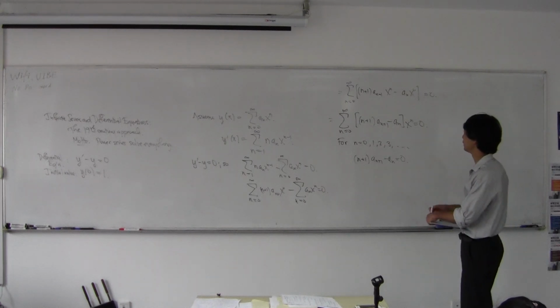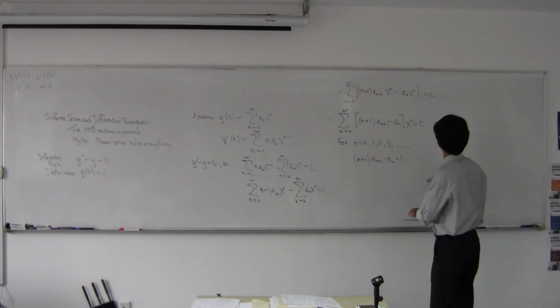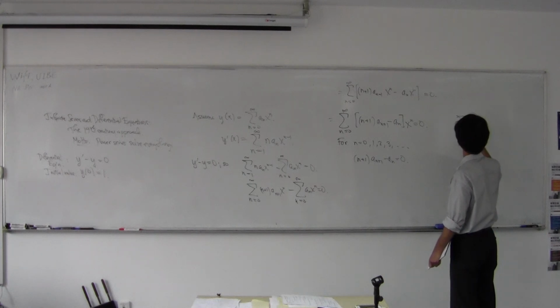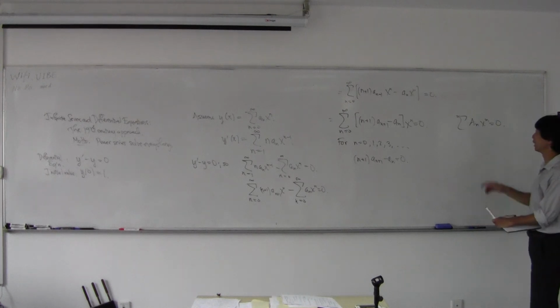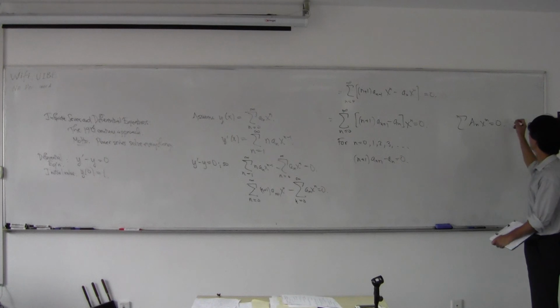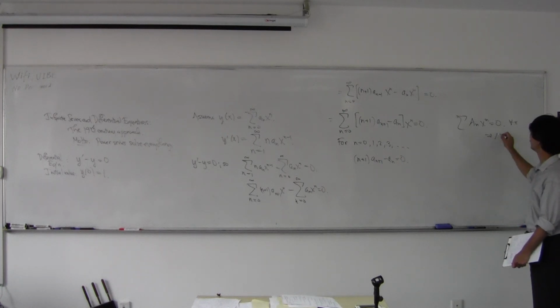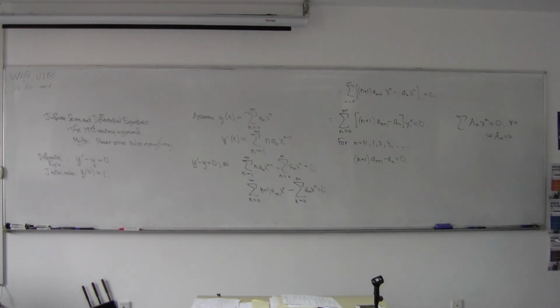This is again a power series, a new power series, and a power series has the property that if it's equal to 0 everywhere, for whatever x you put in, you get 0, that forces all the a sub n to be 0.